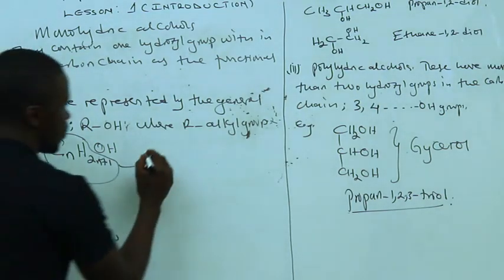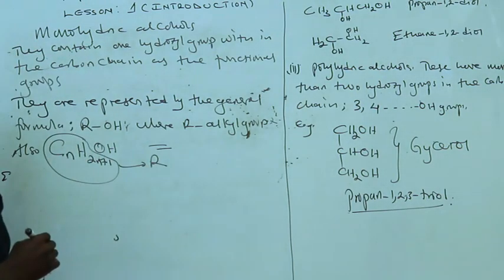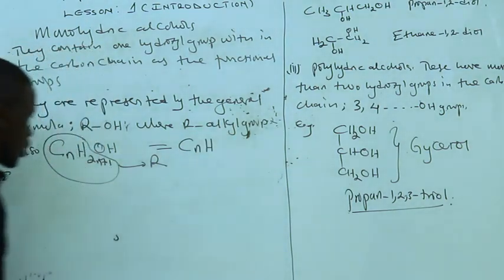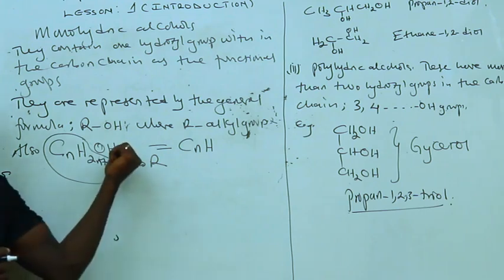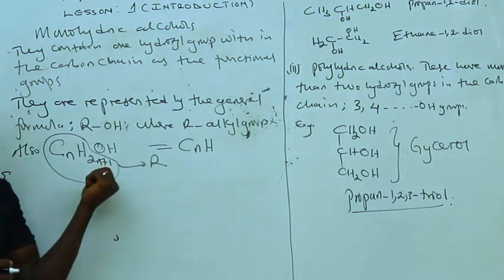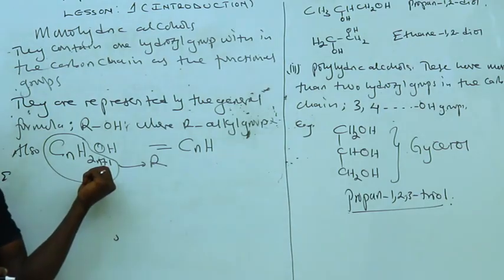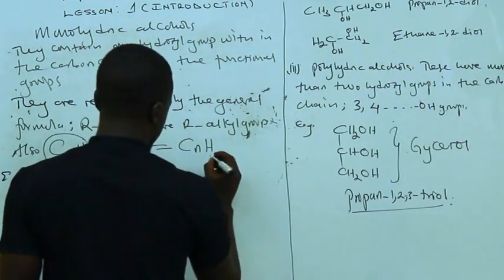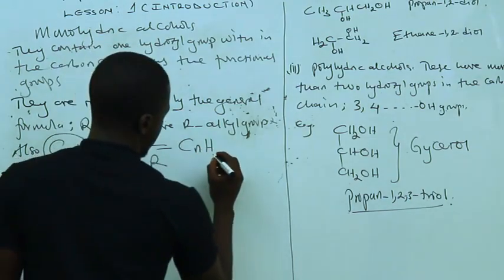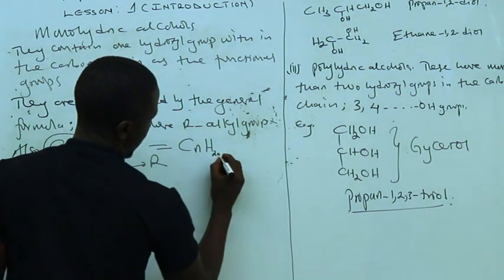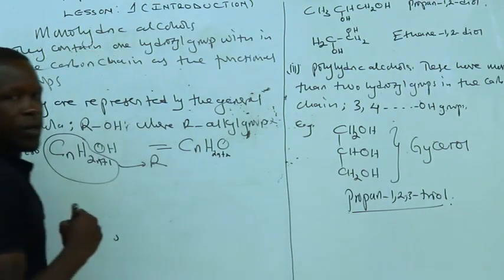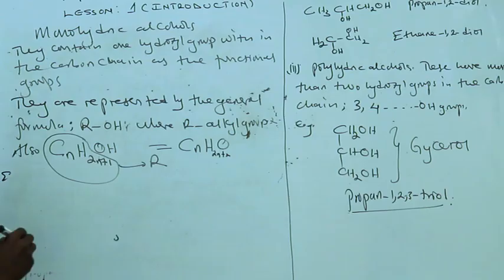Although some people would represent the general formula as CnH, adding this H to this, that would make it C, 2n plus 2, and the O, because we are now adding this H here.